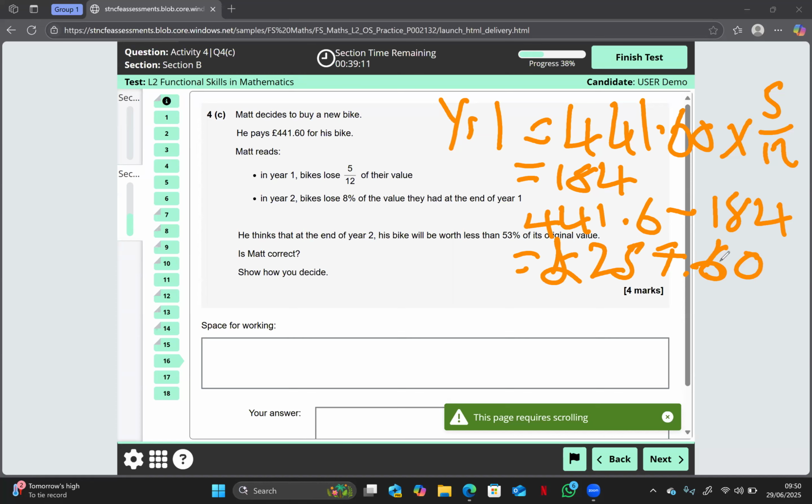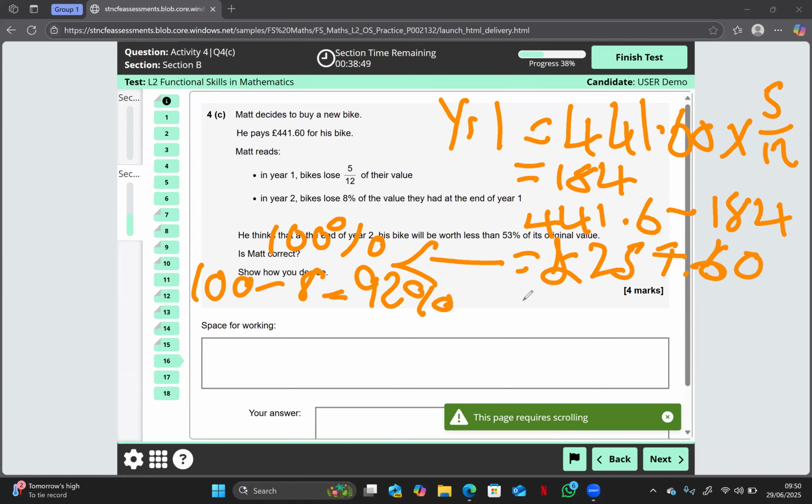At the end of year two, it loses 8 more percent. So to do that, we can note that this is 100%. 100 take away 8 is 92%.